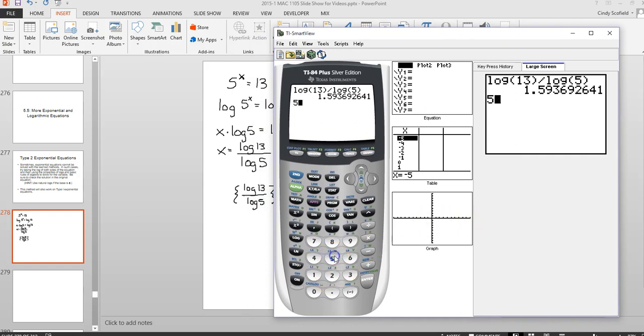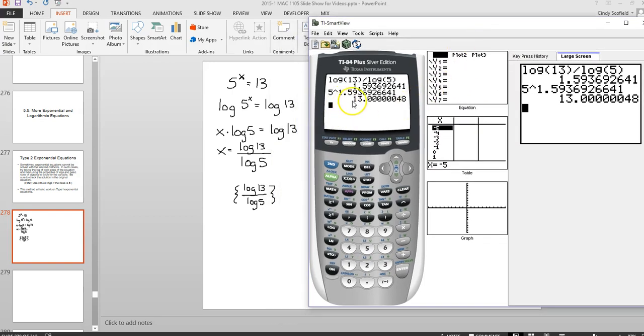And if you take 5 and raise it to that power, 1.593692641, and you don't have the full decimal, so you're not going to get it exact, but you can tell what it's supposed to be.